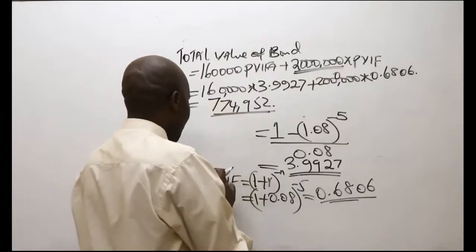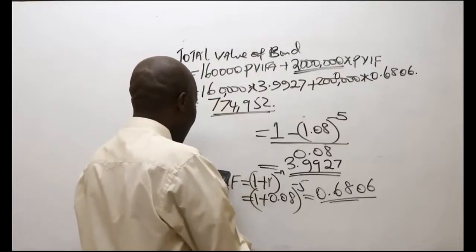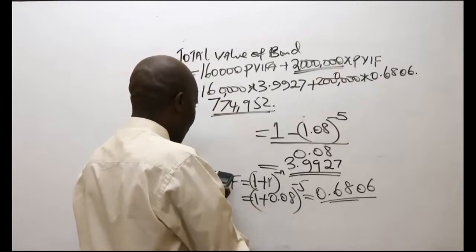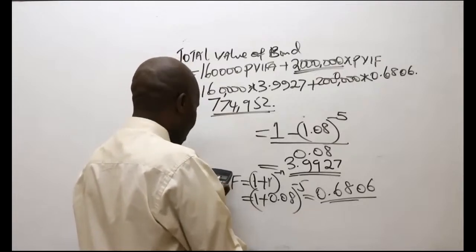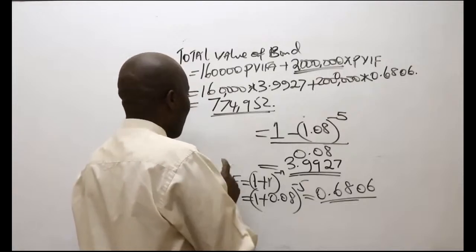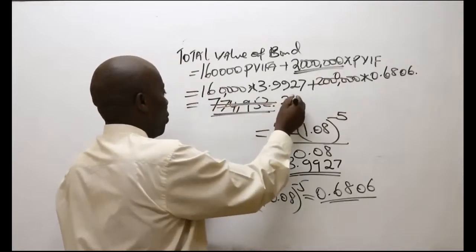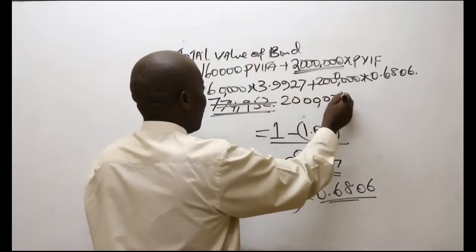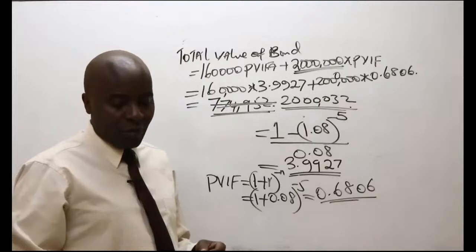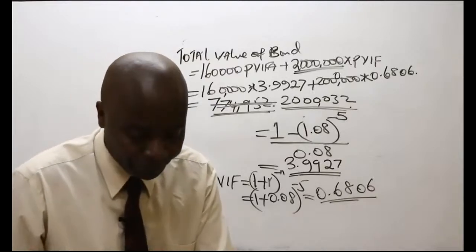You can repeat again: 160,000 times 3.9927 plus 2 million times 0.6806 equals, which gives us 5,200,032 as the market value of the bond as per the question.